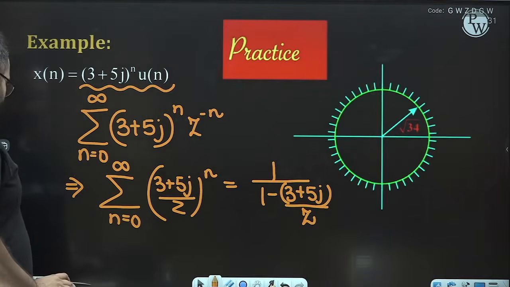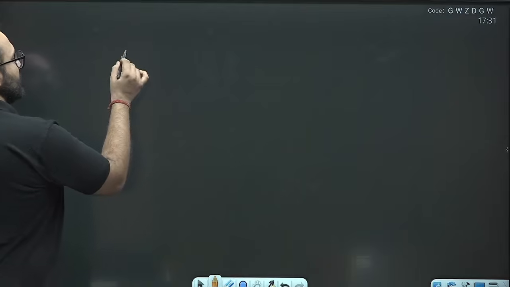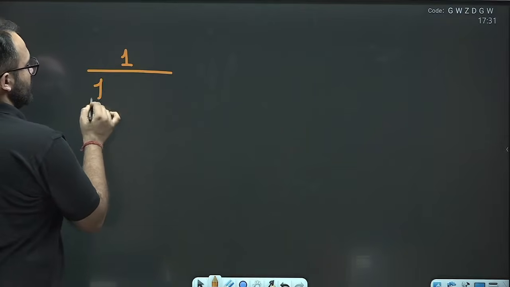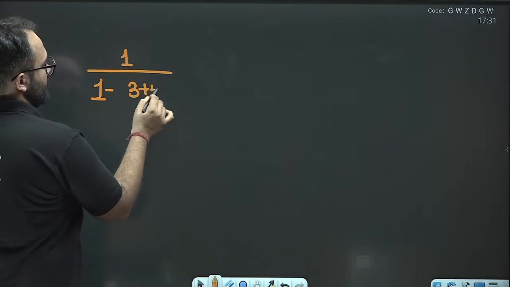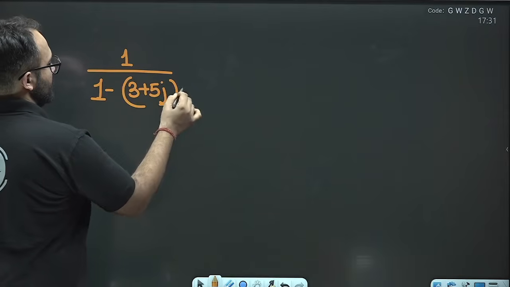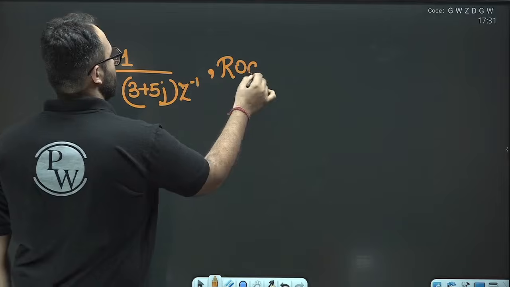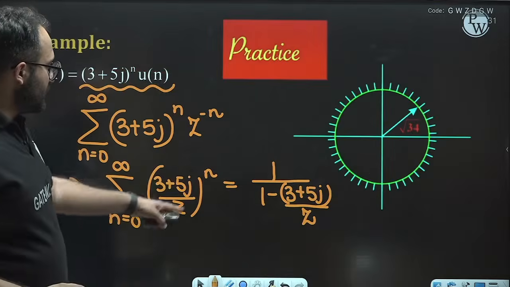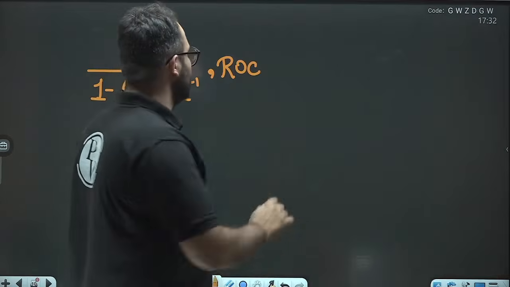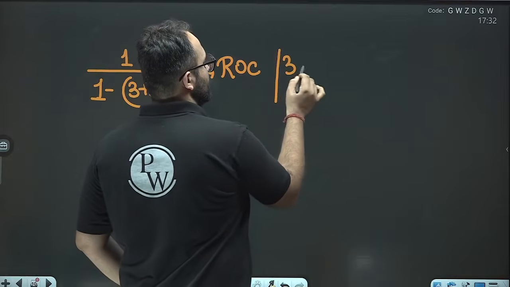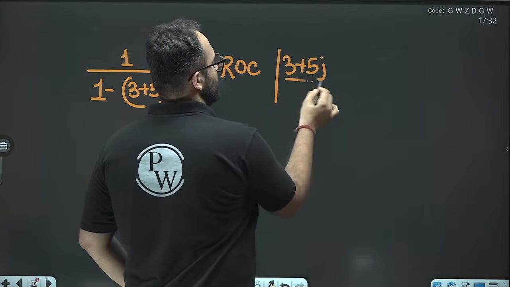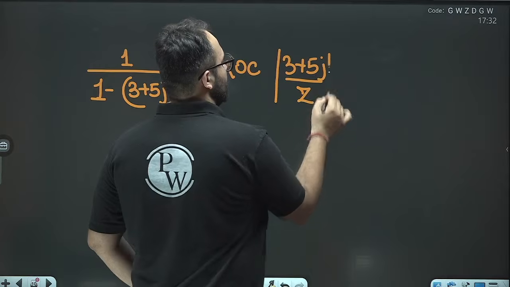The Z transform is 1 upon 1 minus (3 plus 5j) Z inverse, and the ROC will be that the magnitude of this term is less than 1. That is, the magnitude of (3 plus 5j) divided by Z should be less than 1.